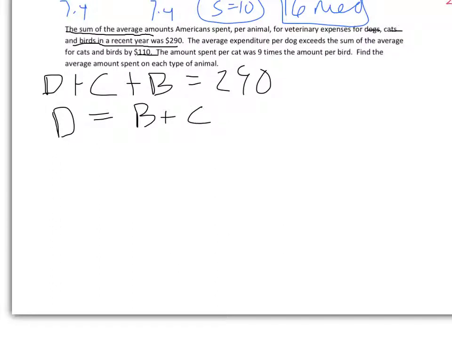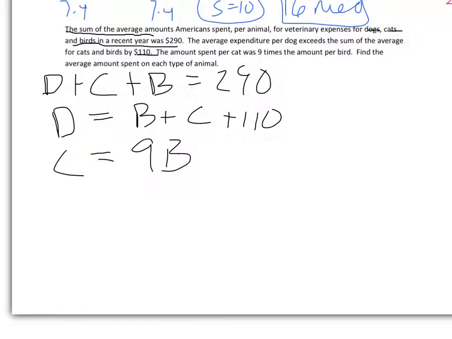So we have to add the 110 to the birds and cats to make those two equal. Now the amount spent per cat was 9 times the amount spent per bird. So if we multiply the amount for birds by 9, that will equal the amount for cats.